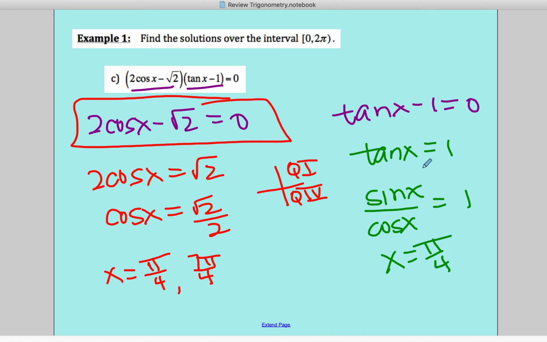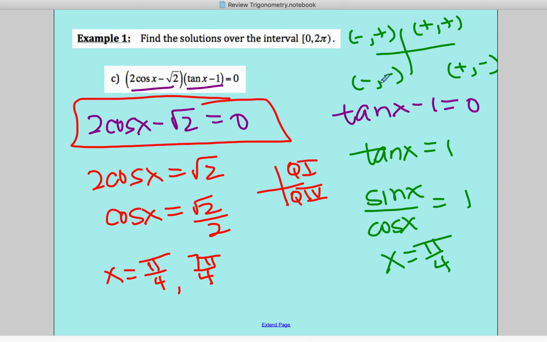Then where else is tangent positive? This one's a little tricky. Ordered pairs. We got positive, positive here. This is negative, positive. This would be negative, negative. And then this would be positive, negative. So tangent is sine over cosine. If I did sine over cosine here, I'd have positive divided by a negative, so that would be a negative answer. So don't include that quadrant.